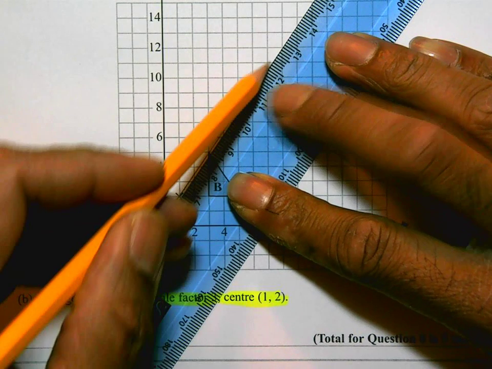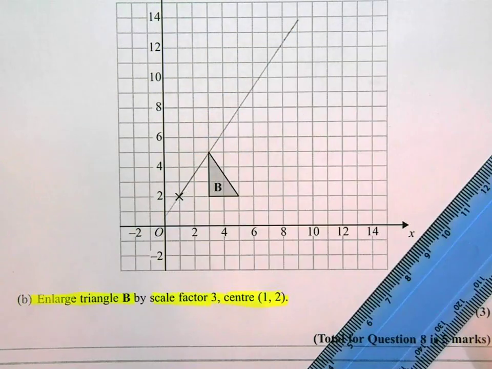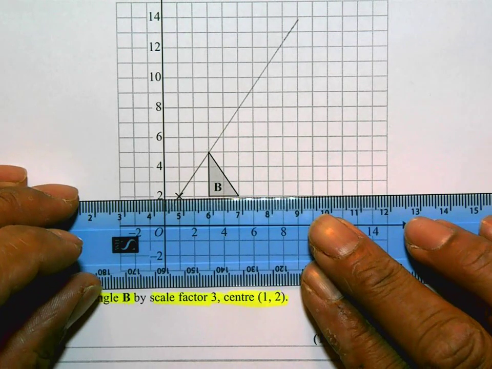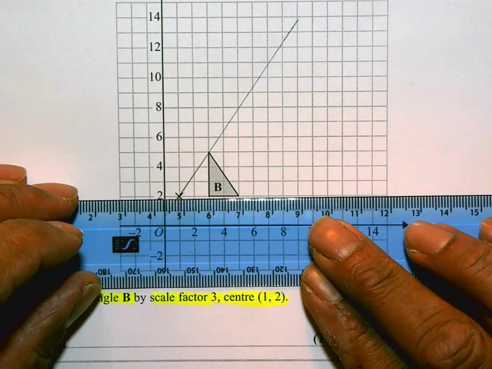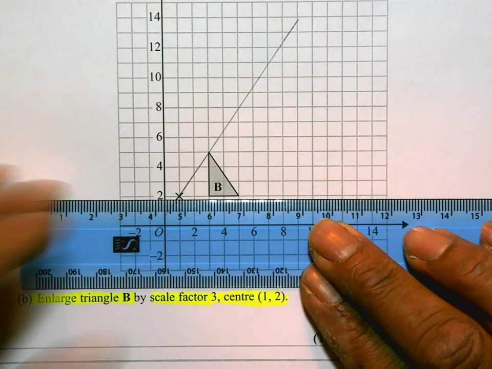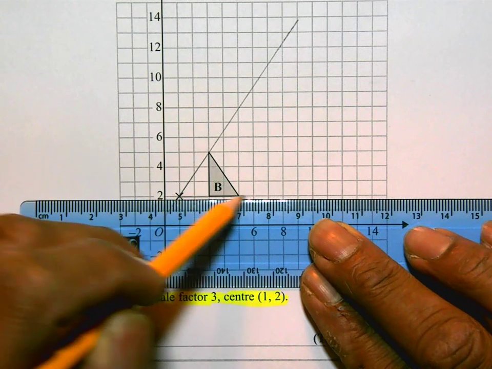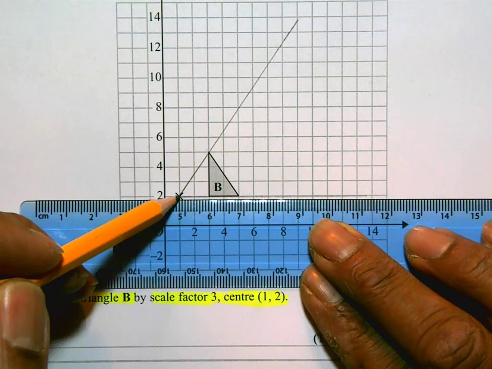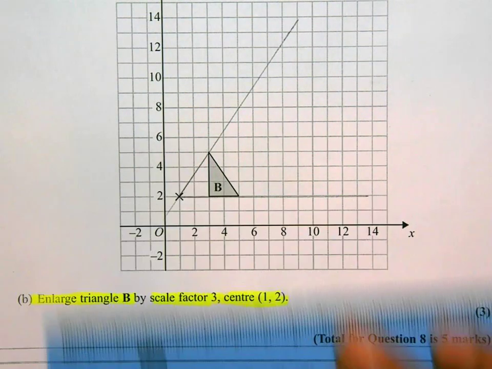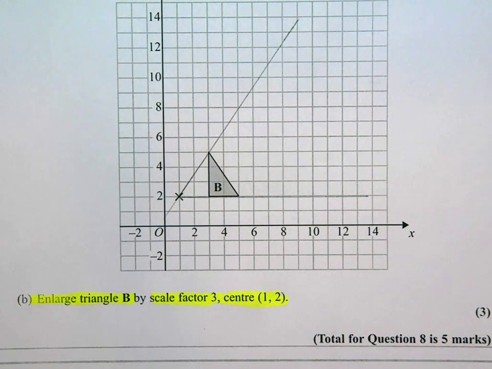It doesn't need to be particularly dark, but I need to be as accurate as possible. I'm going to draw another line, and in this case it goes through both corners of the triangle. Again I'm trying to be as accurate as possible. So that's the first step.